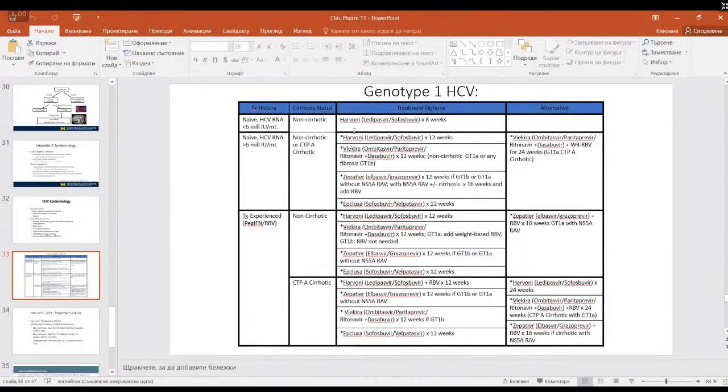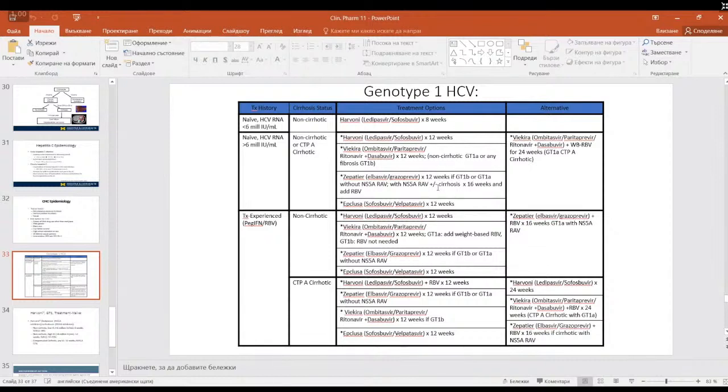Harvoni is one of the more popular ones. Viekira is another such drug, which again is a combination drug with ombitasvir and paritaprevir, which are again NS, or non-structural, protein inhibitors.